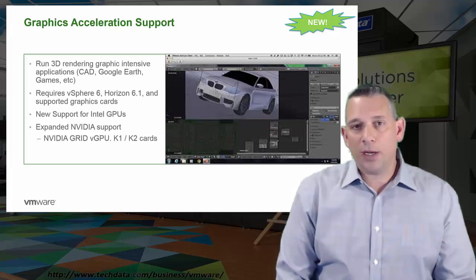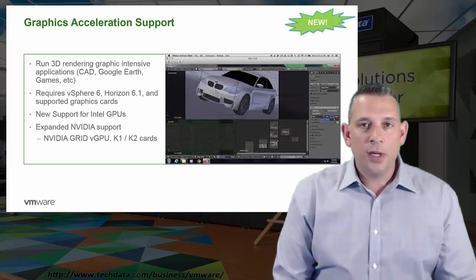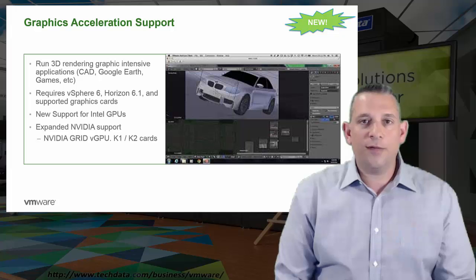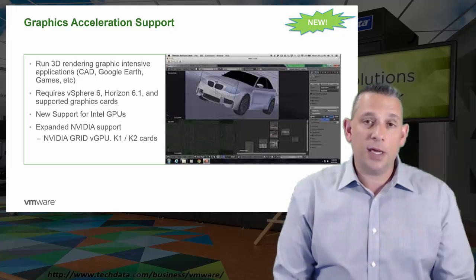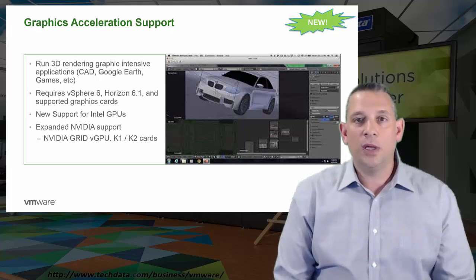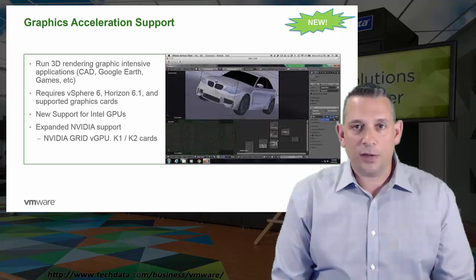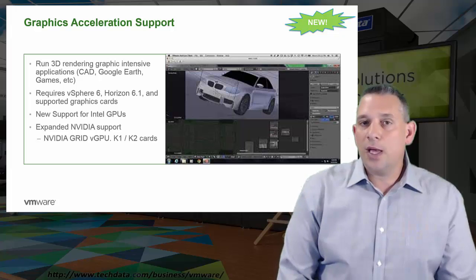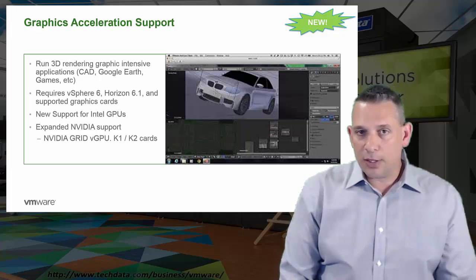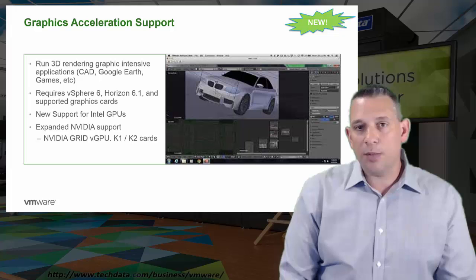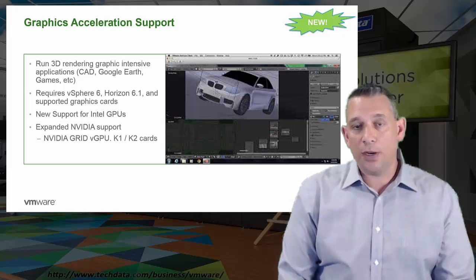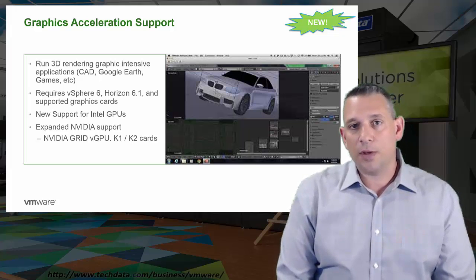This opens up a lot of doors for departments that are doing heavy graphics-intensive jobs, and they can still do it on a virtual desktop. They don't have to have a dedicated PC with a dedicated video graphics card. This is something that has been long awaited, and it is here now. It is really expanding the capabilities of virtual desktops to be able to run and really replace the physical desktop completely.